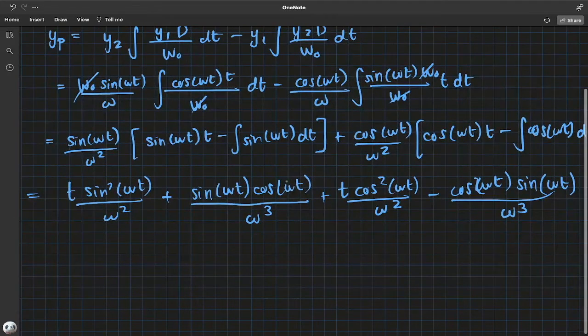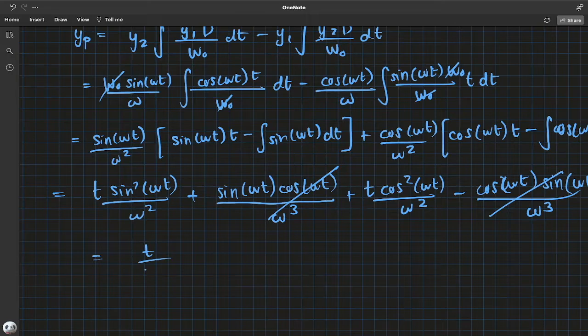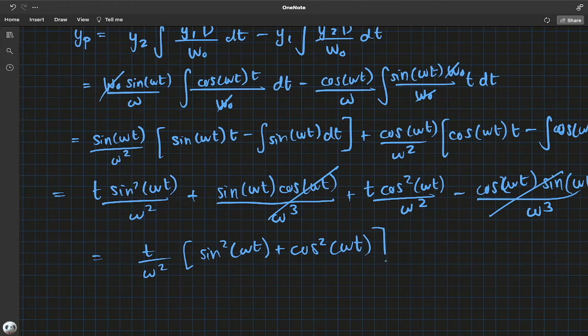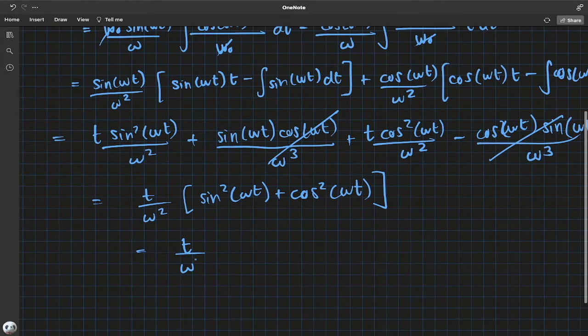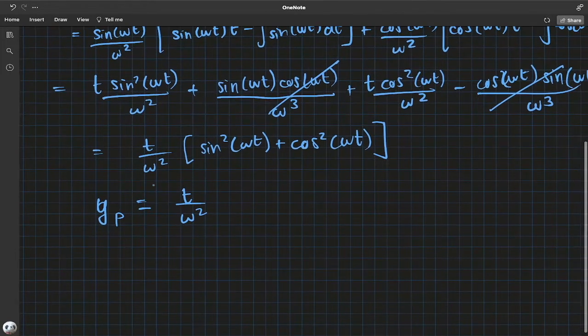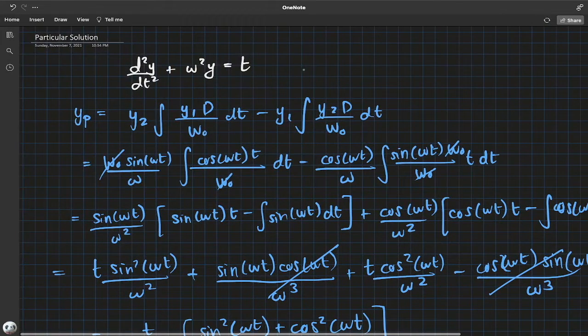And look, it's simplifying because this cross term goes away. Notice you have a t over omega squared times sine squared of omega t plus cosine squared of omega t, which is just 1. So you just have t over omega squared. That is the particular solution for this particular differential equation.